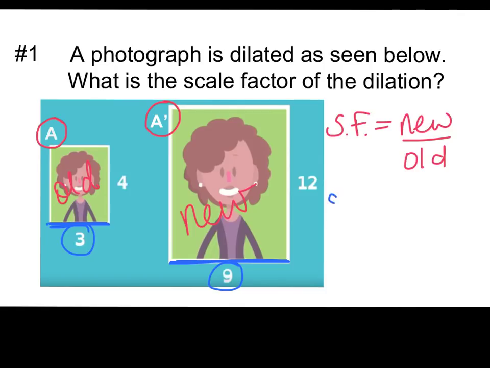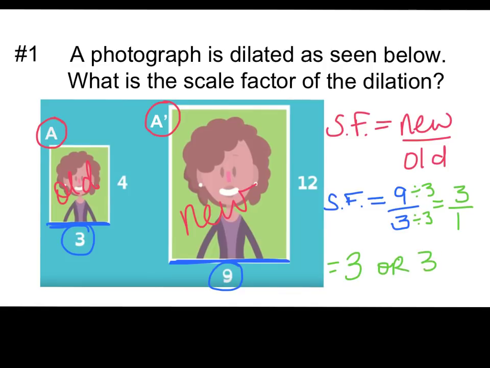So the scale factor would be new, which is 9, over old, which is 3. So we can go ahead and reduce or simplify it down to 3 over 1, which we know is just 3. You can also write it as 3 to 1. That's another way you can write the scale factor.